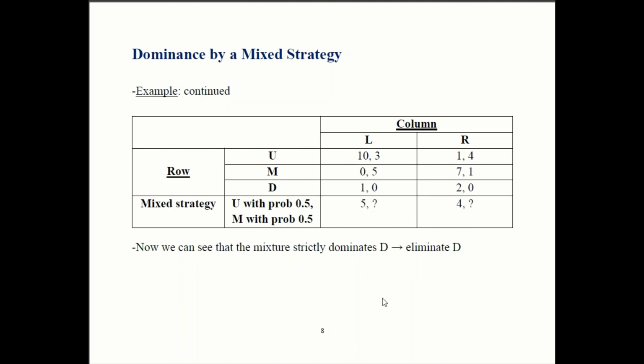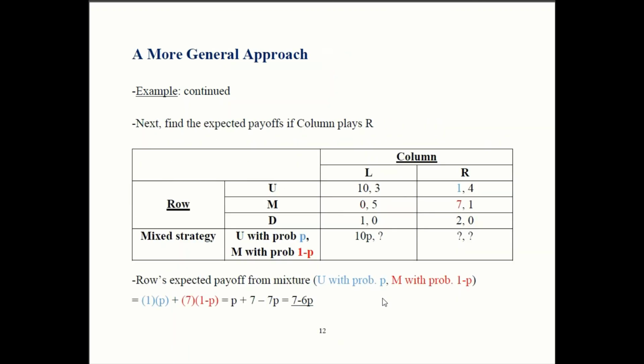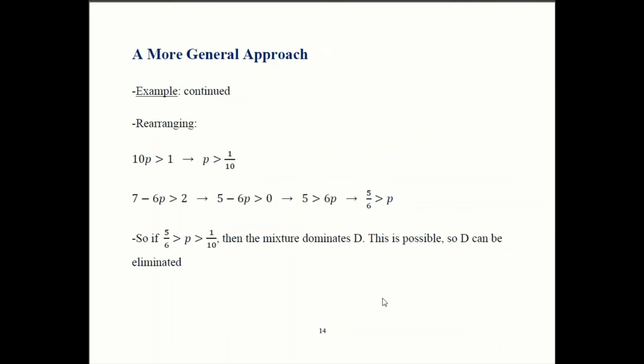So if someone is not telling you in advance what mixture to use, you just follow this procedure here and find a mixture that works. So here's the basic outline. You first do your best response analysis. When you do that, you might find a strategy that's never a best response.